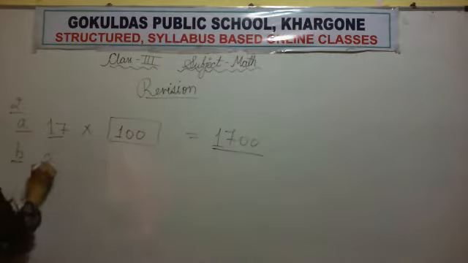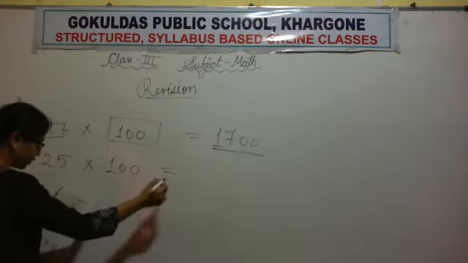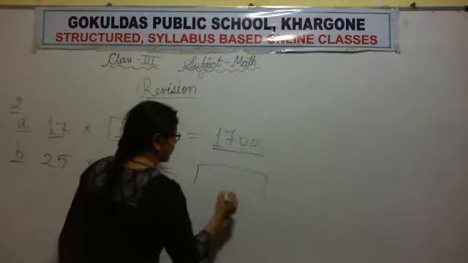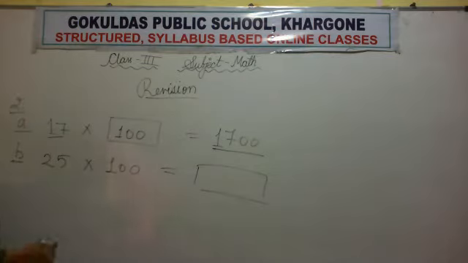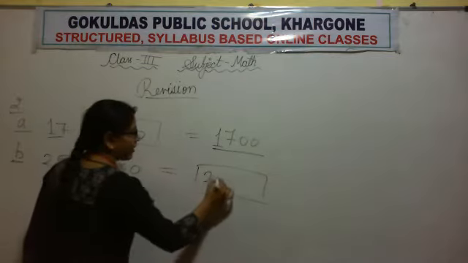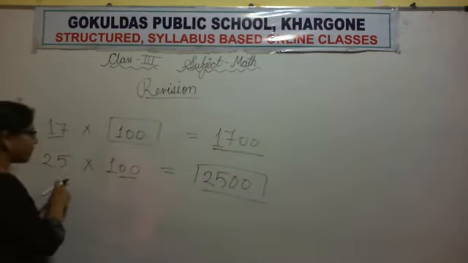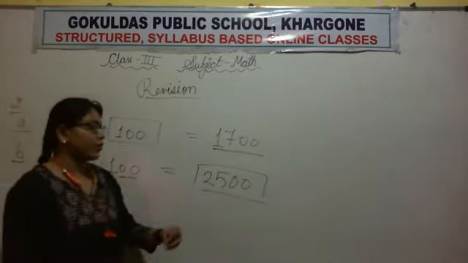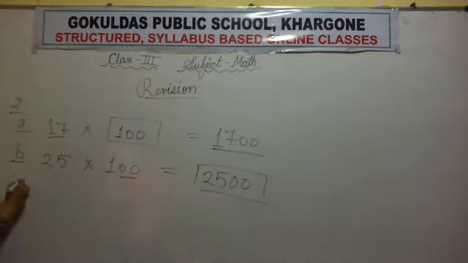Now the next one is 25 into 100 is equals to blank. So 1 followed by 2 zeros. So we will write 25 as it is and these 2 zeros. So 25 into 100 is equals to 2500.